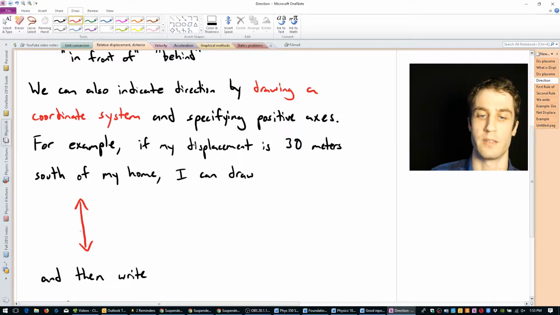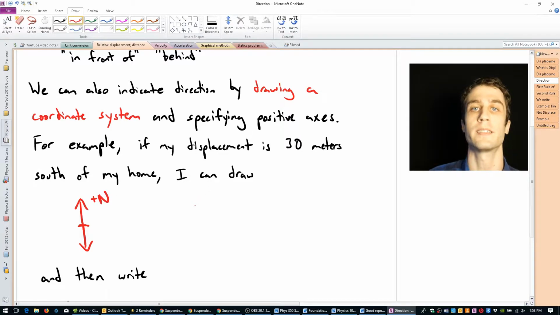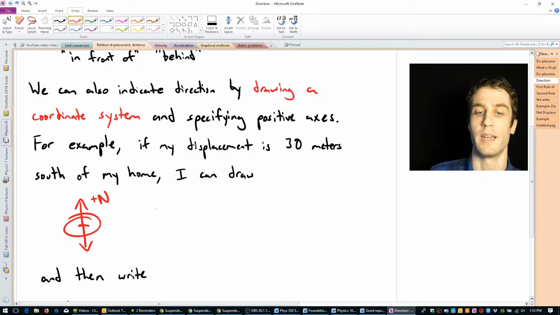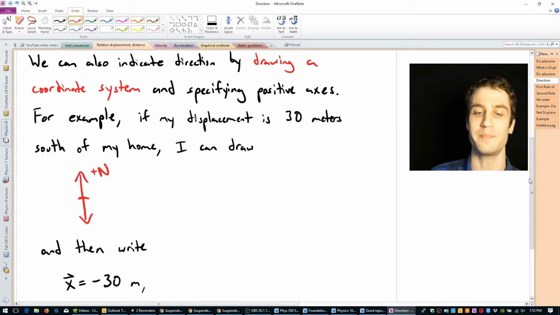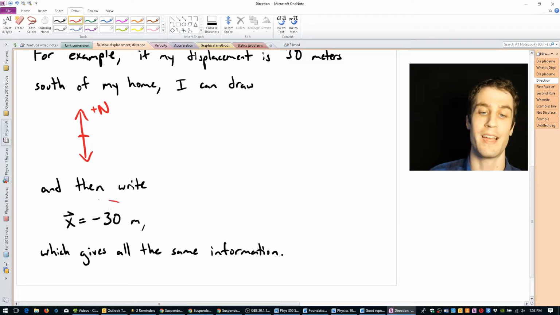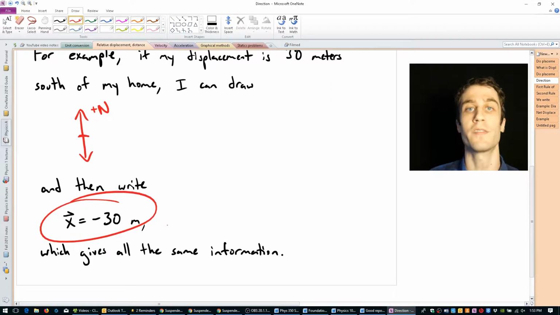So for example, if my displacement is 30 meters south of my home, then I can draw a coordinate system that looks like this. And let's specify that the positive north direction is upward on this coordinate system. You note that I can omit the horizontal axis because this statement right here doesn't include any information about an east-west component, and so I'm just drawing the north-south axis. And then we can write x, my displacement, is negative 30 meters.